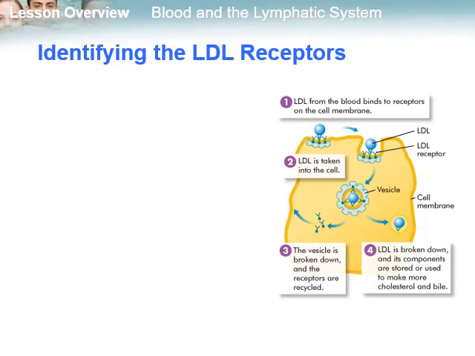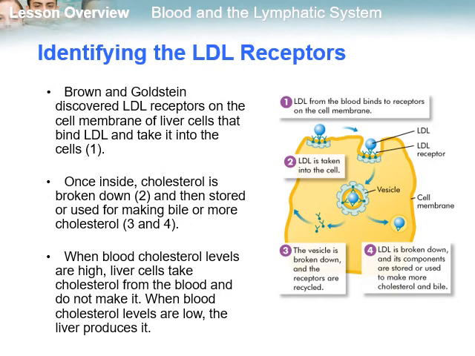Now, let's look at how normal LDL receptors work to avoid the risk of atherosclerosis and other circulatory system complications. The diagram on the right illustrates how normal LDL receptors on cell membranes deal with different levels of LDL in the blood. As you can see on the diagram, the very first step that happens is that LDL from the blood binds to receptors on the cell membrane.